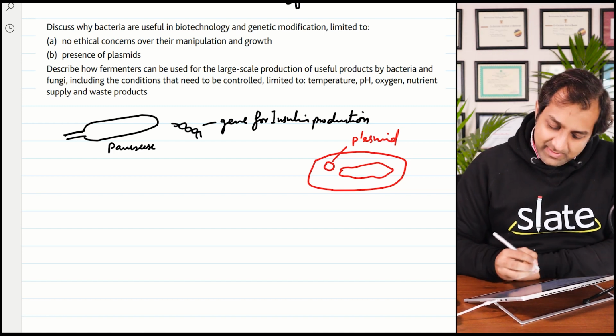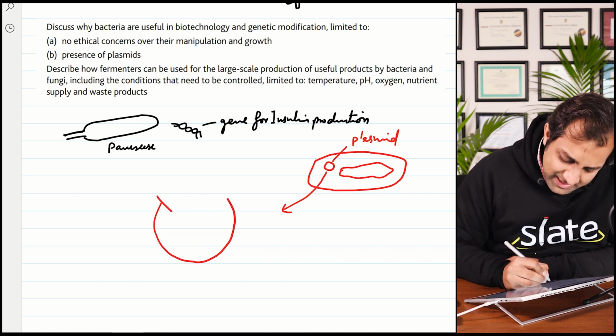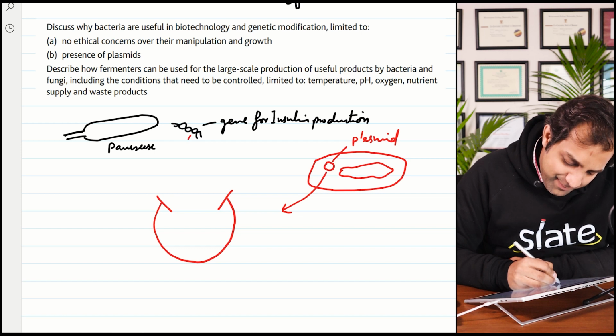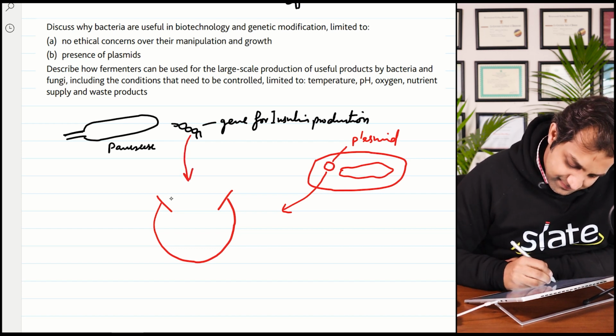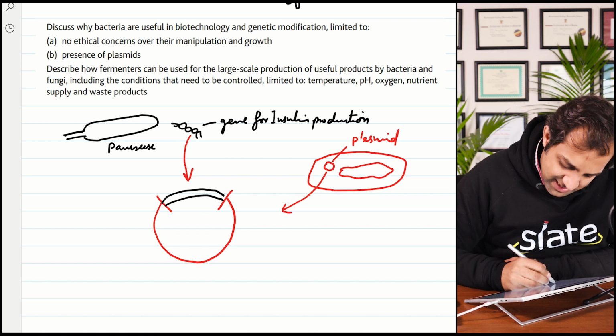We extract the plasmid, cut it from this side, and paste this insulin gene inside the plasmid. So now this plasmid contains the insulin gene.